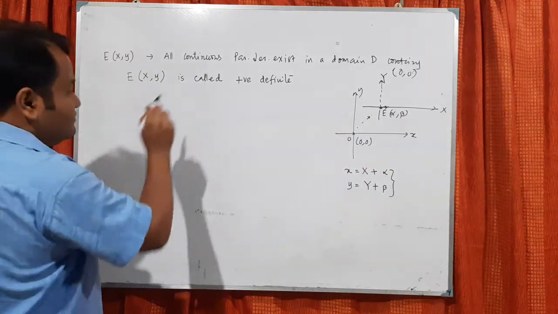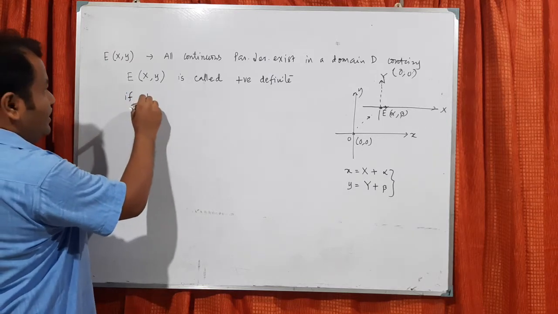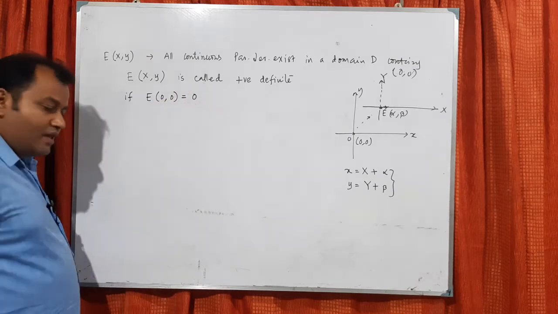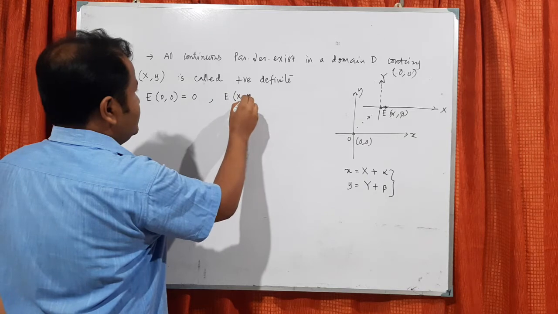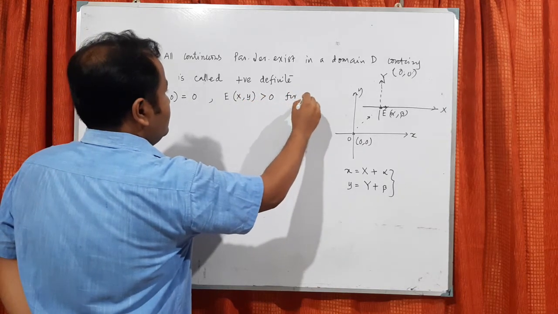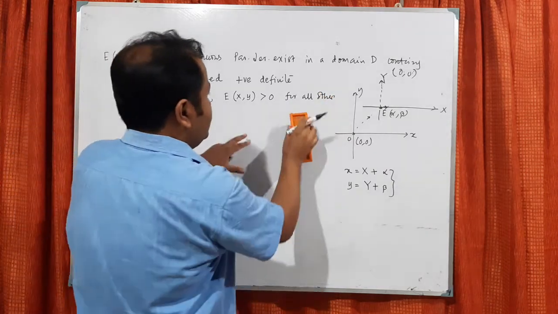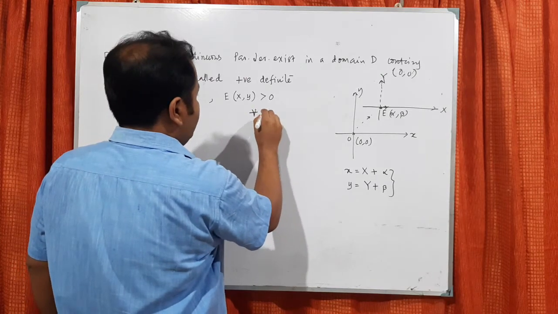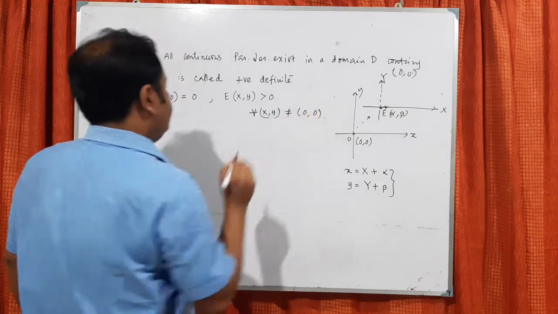Now this function is called positive definite if E(0,0) equals 0 and E(x,y) is greater than 0 for all (x,y) not equal to (0,0).